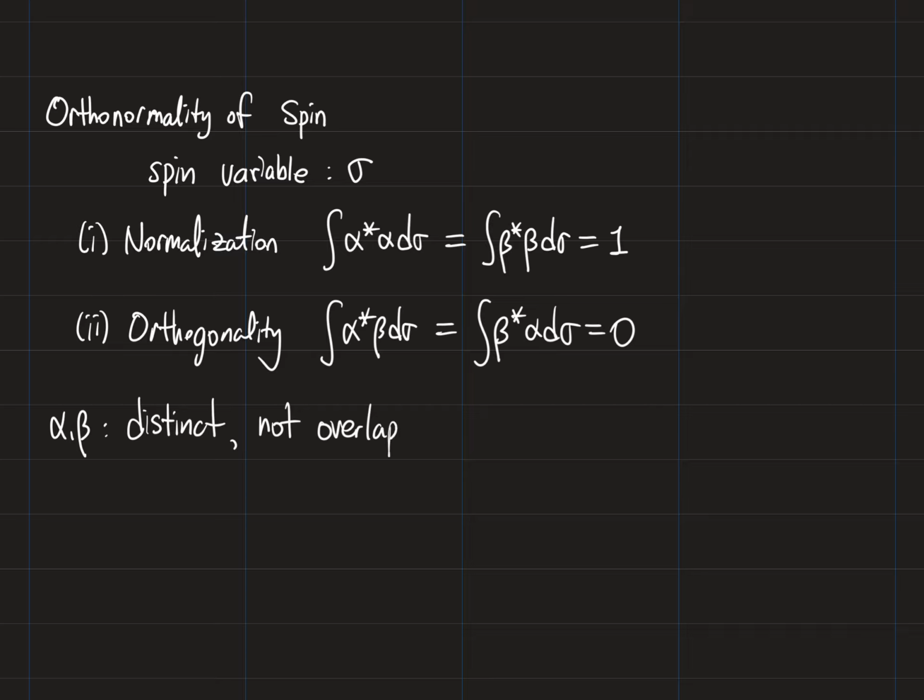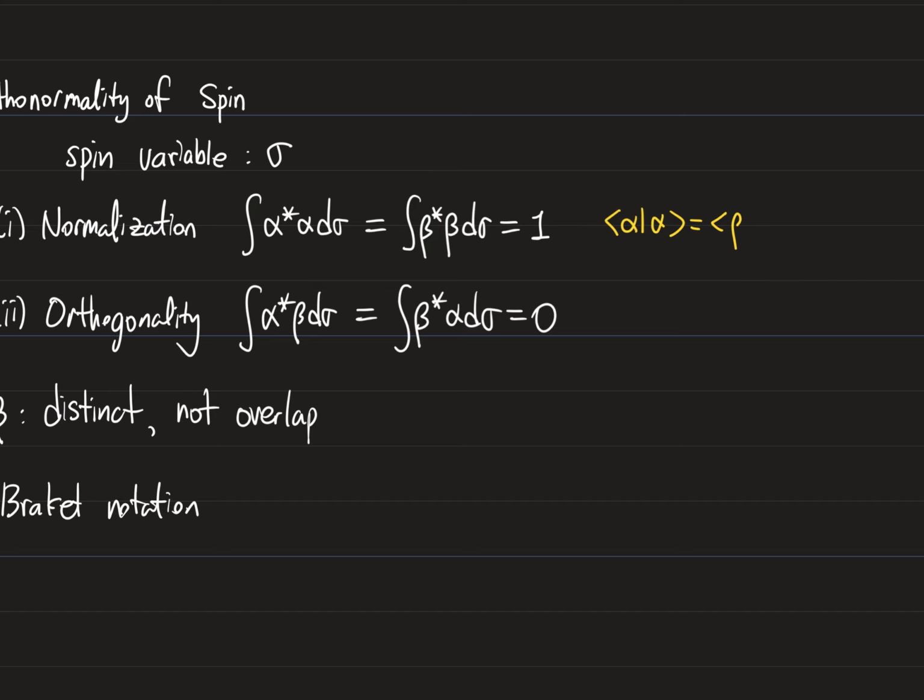So you might remember the bracket notation. The equations above can be written in a much simpler way. The first one is like alpha bra alpha ket, beta bra beta ket, it's like 1.